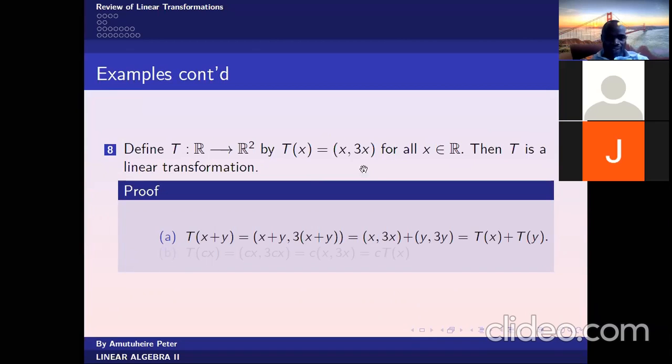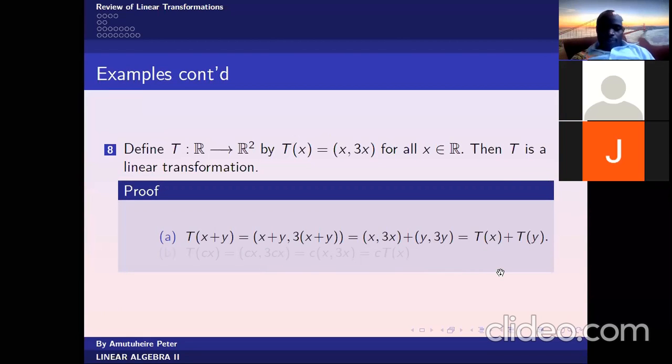I'm using this definition here. So this is going to be (x, 3x) plus (y, 3y). You can see that (x, 3x) is T(x), and (y, 3y) is also T(y), so property A is satisfied.